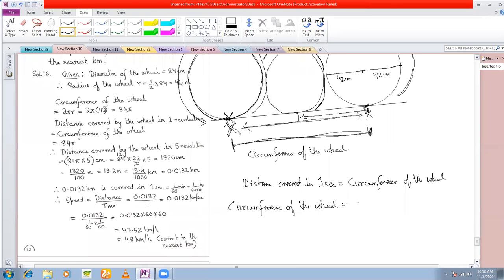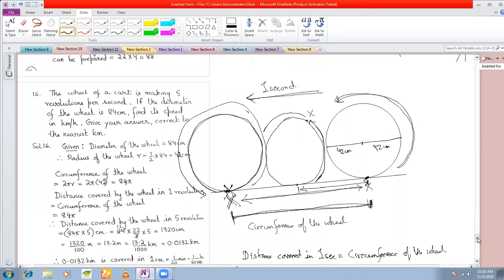The circumference is 2 pi r, 2 pi into 42, which comes out to be 84 pi centimeters. This is the distance covered in one revolution.